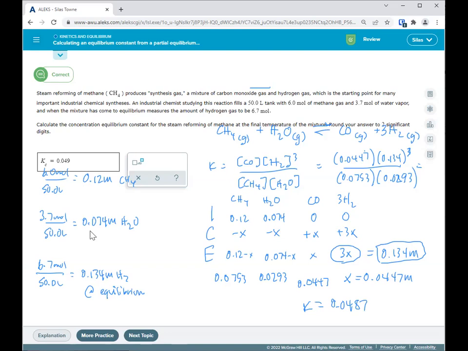And then I've got to use my ICE box to solve for this X with the given amount. Notice it says it's come to equilibrium and measured to be this much. So that's telling you how much at equilibrium, whereas the other ones are telling you initial. So if it's all initial and no equilibrium, it's probably an ICE table with the quadratic formula. If you're given initial and one equilibrium, then you can use this method.